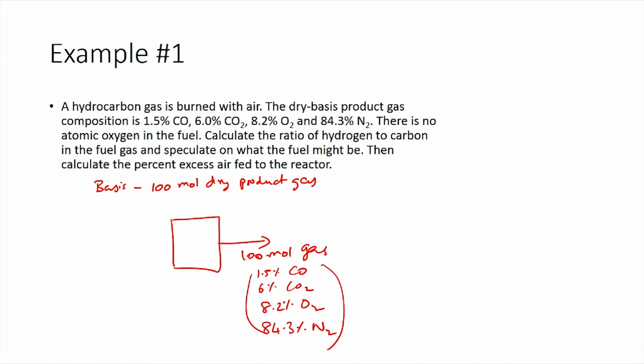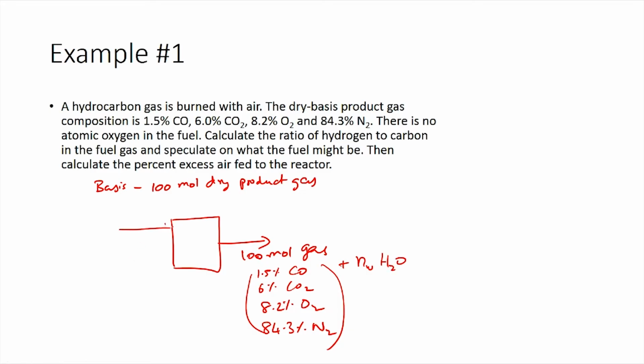So, in addition to this you would also have water vapor which is leaving the system. So, the dry gas contains these components and in the actual product gas which contains water vapor we will assume that there is NW moles of water which is leaving the system.